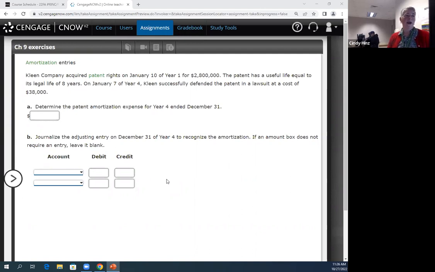Clean Company acquired patent rights on January 10th of year 1. Again, it's significant that that happened in the first half of the first month, just like we discussed with depreciation. You might have to report a partial year of depletion or amortization as well.